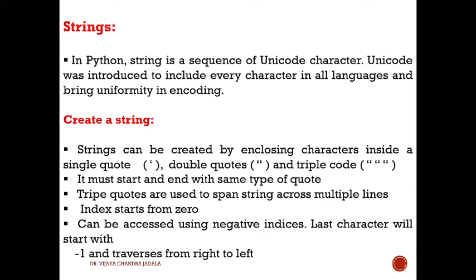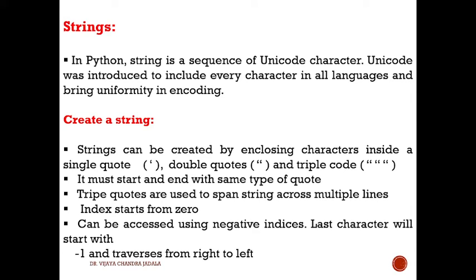Creating a string. The steps involved in creating a string involve single quotes, double quotes and triple quotes. Strings can be created by enclosing characters inside single, double or triple quotes. It must start and end with the same type of quote.